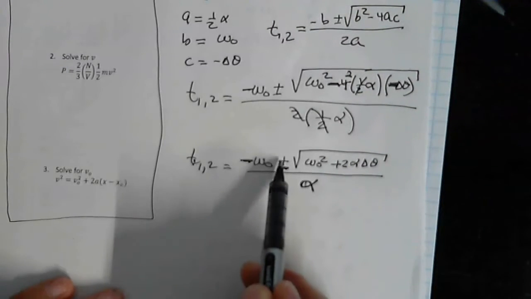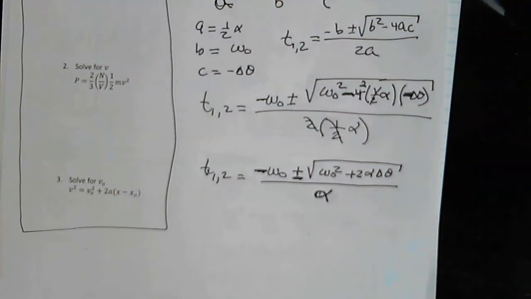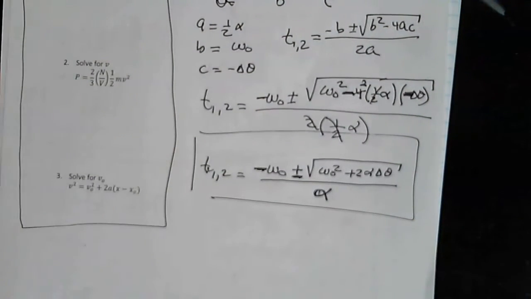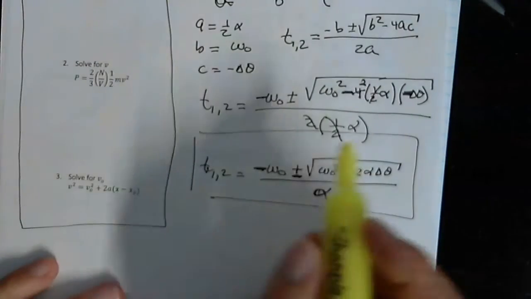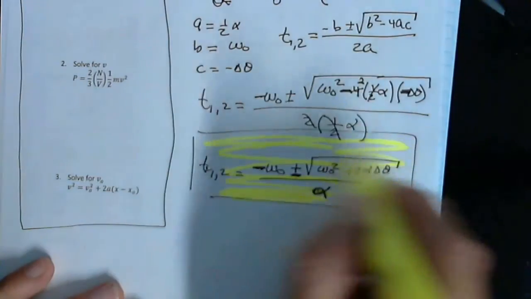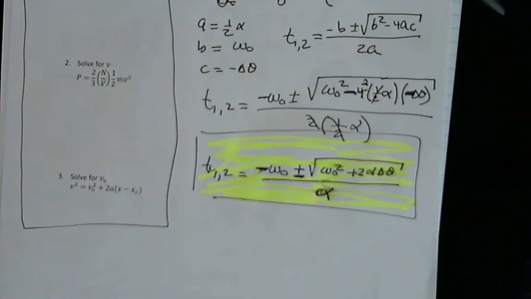So usually from these two solutions, only one is going to be the solution, the one that has physical meaning. So let's put it like this. If alpha is negative, then the one with the negative, but then that's the solution.